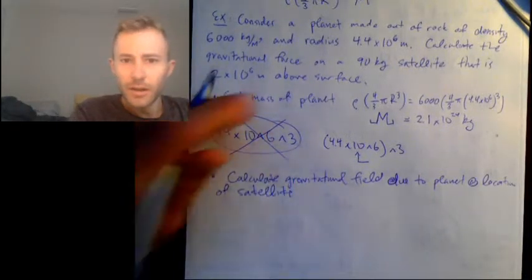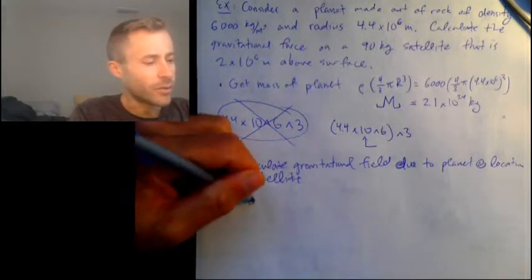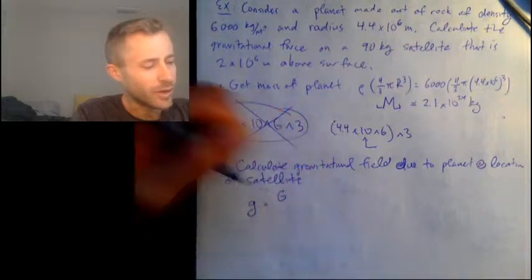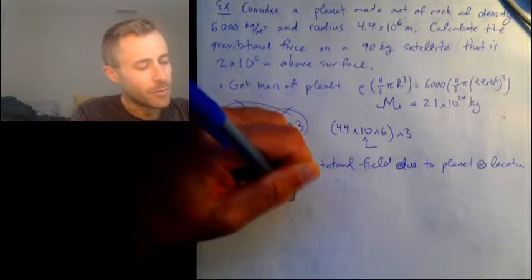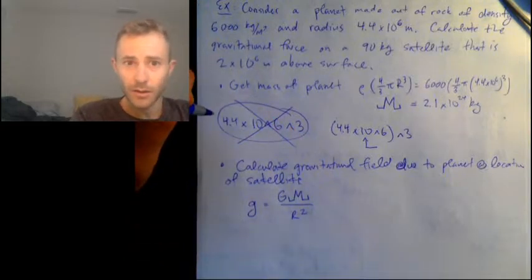Okay? So, we're going to use our formula. Little g equals big G times big M over R squared. Okay?